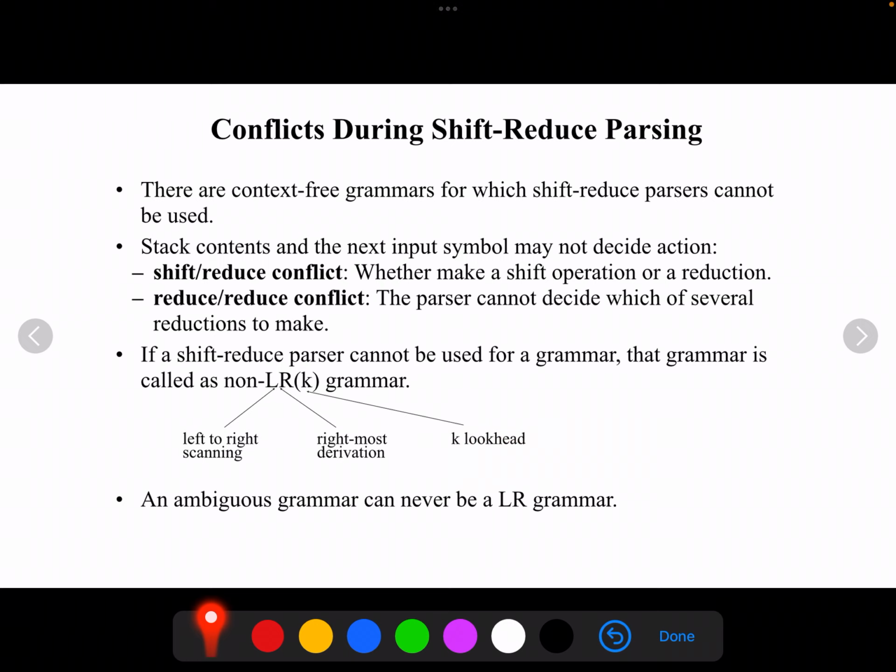So in order to avoid these two conflicts, we can go for the next level grammars, but this is not in our syllabus right now. Therefore we only look into the examples of these two.